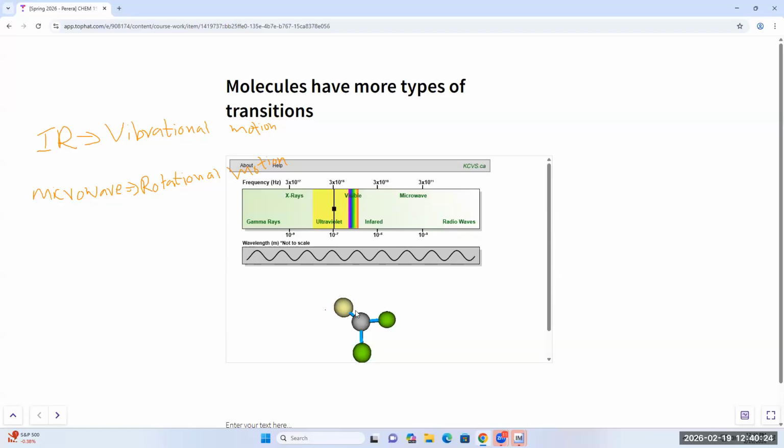We have to avoid some UV radiation. And it's the same reason why we can use UV radiation to sanitize things, because they can destroy microorganisms by doing the same thing, because it can have this ionizing effect. Not as much as X-rays and gamma rays, but UV has some ionizing effects as well, because it affects electronic transitions.